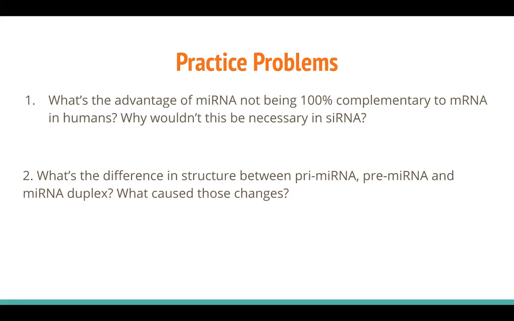It's going to make miRNA, and because it's not 100% complementary, it's able to target a broader range of messenger RNA. Whereas when you're doing a knockout experiment with siRNA, you know exactly which mRNA you want to get rid of, so you're able to make 100% complementation.